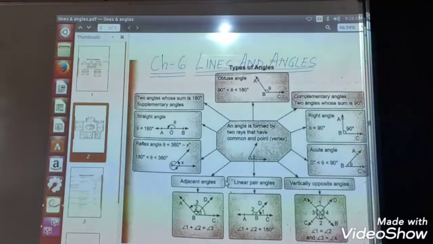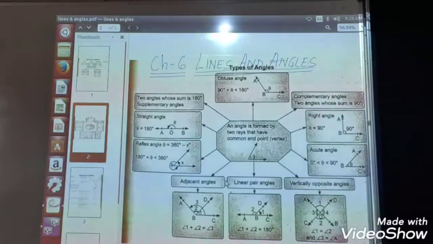Now, regarding angles, we know that an angle is formed by 2 rays that have a common end point, that is a common vertex X shown in the figure in the center. Now, when an angle is formed, we have learned this also in previous levels, different types of angles.